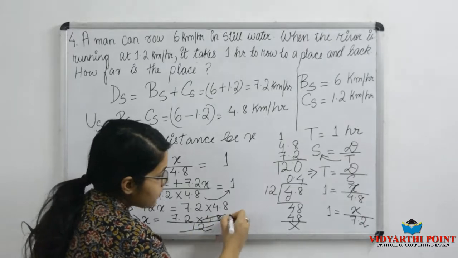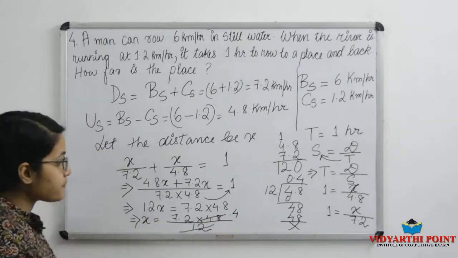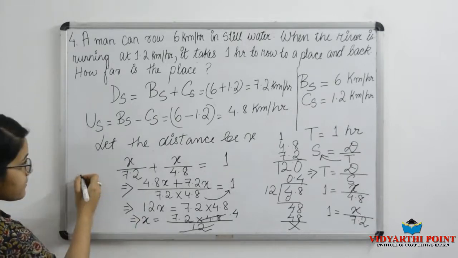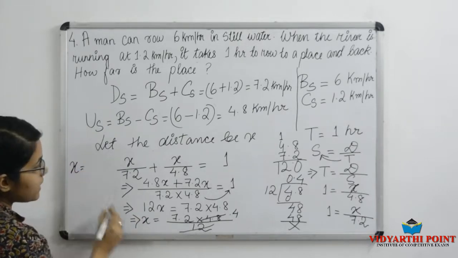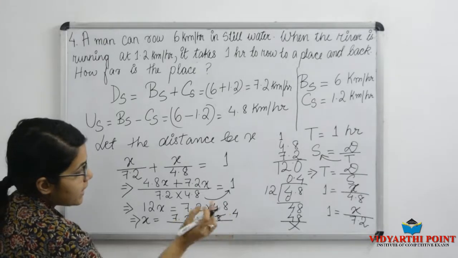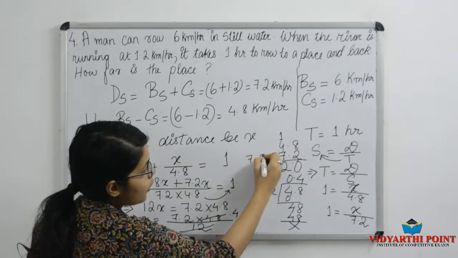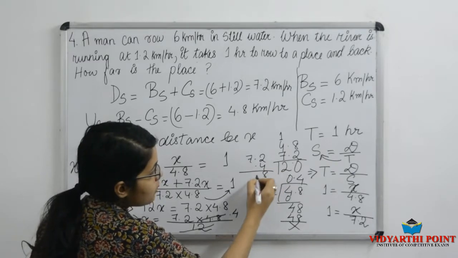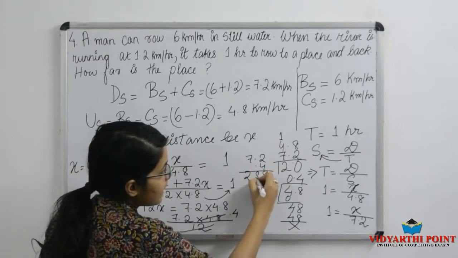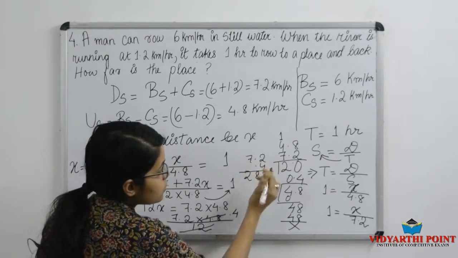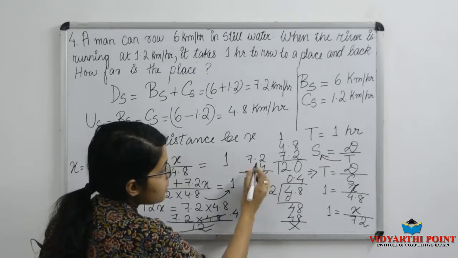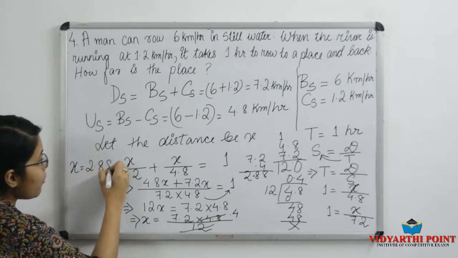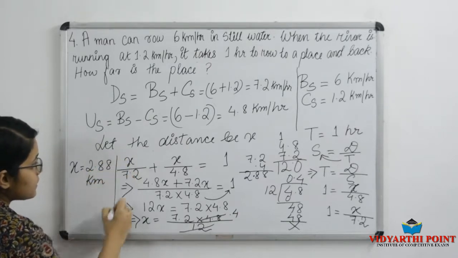Now, we have to find the value of x. X will be 7.2 into 0.4. 4 2s are 8, 4 7s are 28. This will come here. Since there are 2 decimal points, so 2.88. So, distance is 2.88 kilometer.